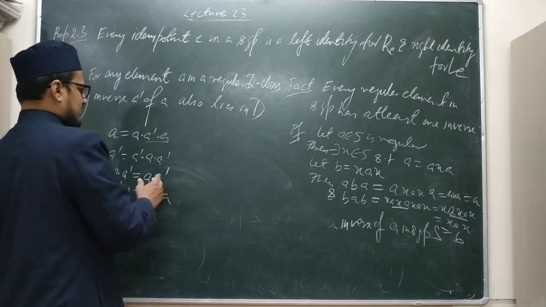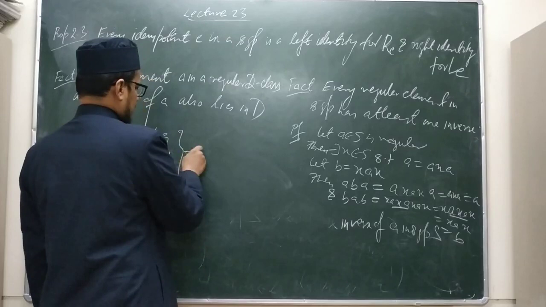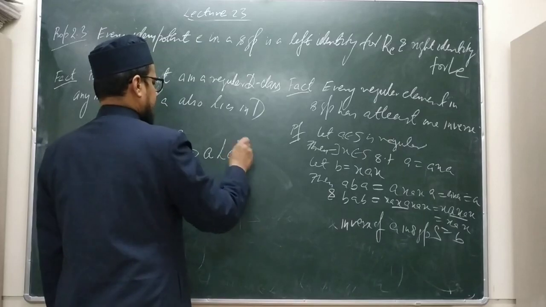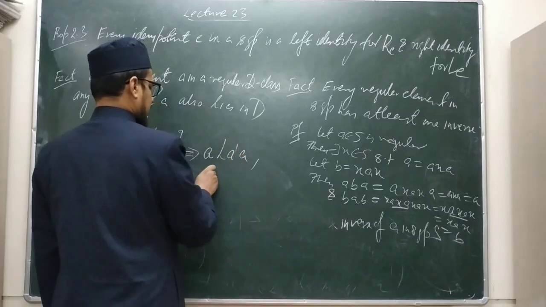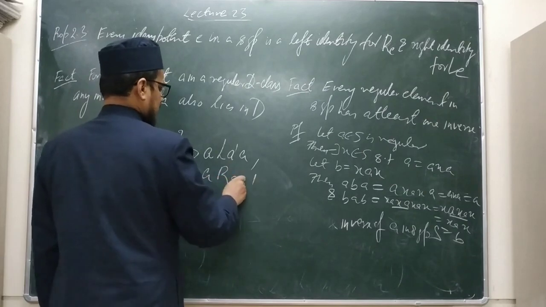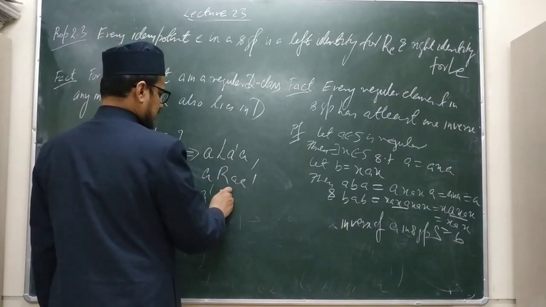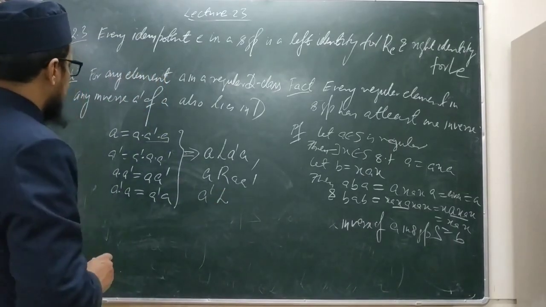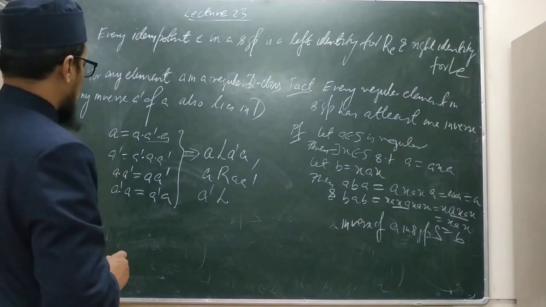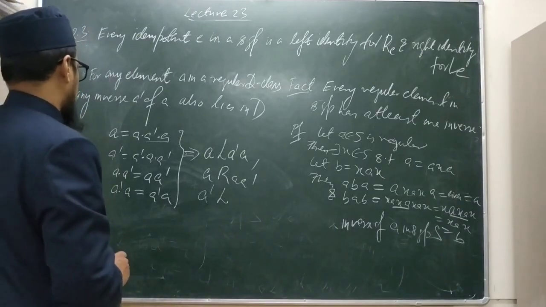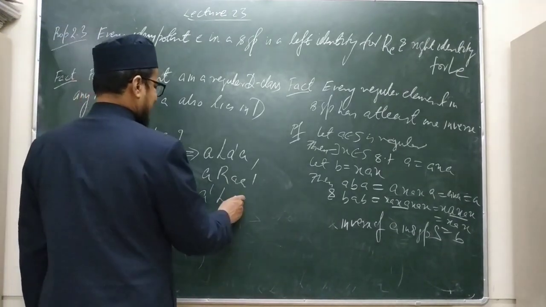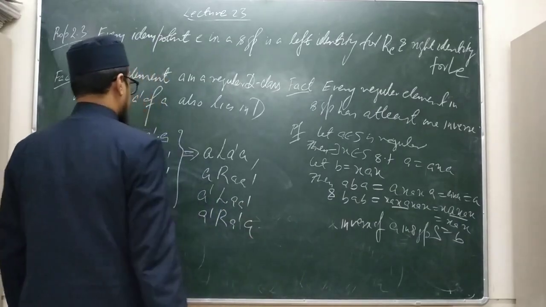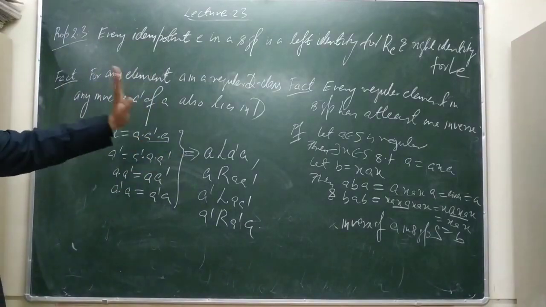It means that from these we are getting four things: a L a dash a, and a R a a dash, and a dash L a dash a, and a dash R a a dash.